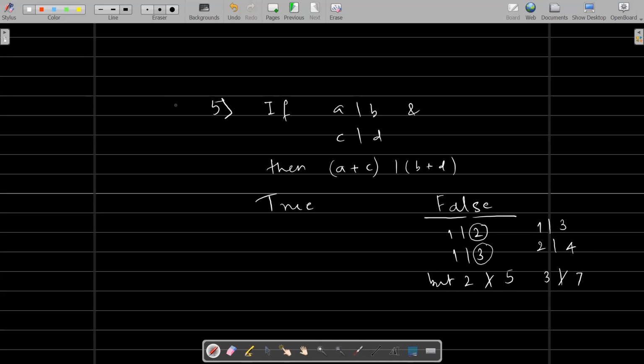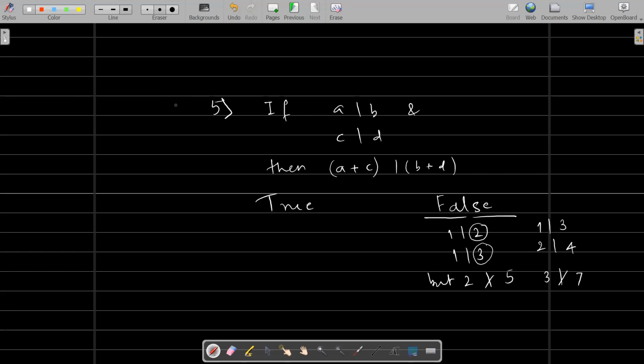So if Q1 and Q2 are equal, then the statement will hold that A plus C will divide B plus D. But I am not sure about other cases where Q1 is not equal to Q2. Yeah, what you're saying is correct. If luckily the quotients are the same, that common quotient Q you can take outside, and A plus C will divide B plus D. That is fine.